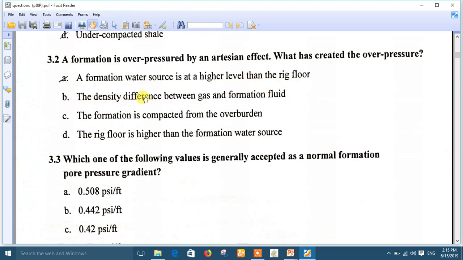Number B, the density difference between gas and formation. No, this is the wrong answer. Number C, the formation is compacted from the overburden. Also the wrong answer. Number D, the rig floor is higher than the formation. No, this is wrong. So the best answer is number A, a formation water source is at a higher level than the rig floor.